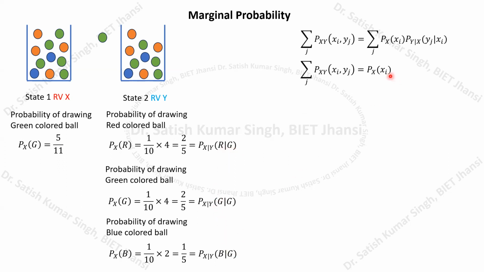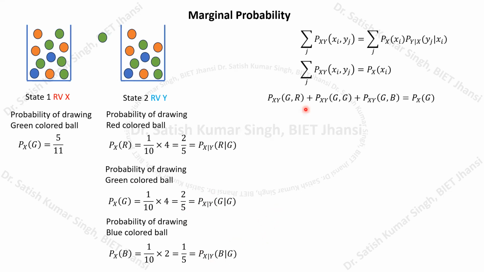Here i is fixed. I have taken this outcome to be the green ball, so I have fixed that in the first draw, the drawn ball should be a green ball. And in the second draw, the ball could be a red ball, a green ball, or a blue ball, right?